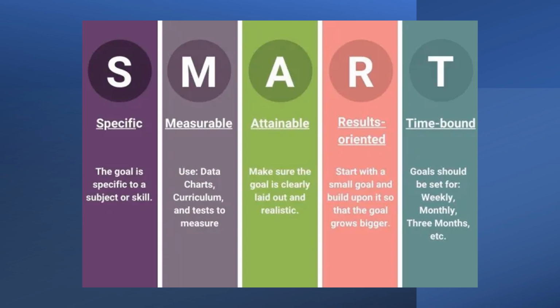Time bound. So goals will be set weekly, monthly, and every 3 months because some students will achieve that goal in the first month or so. And so you want to then come up with other goals that they can try to tackle and succeed at.